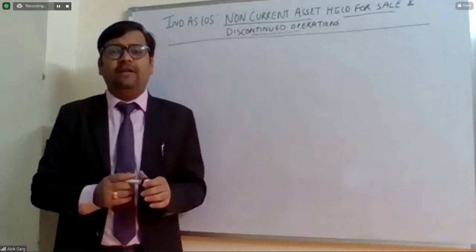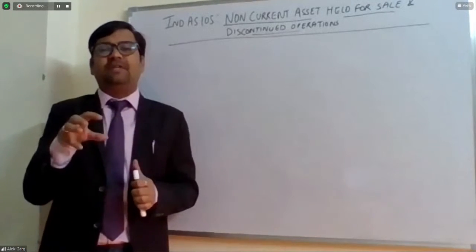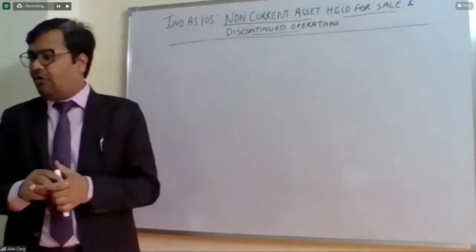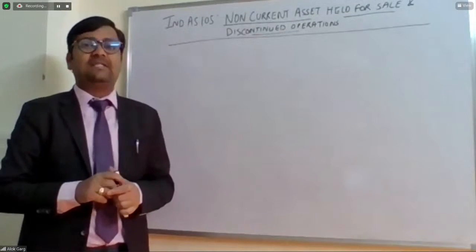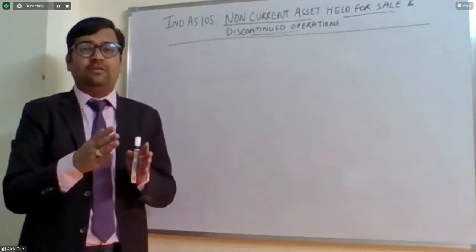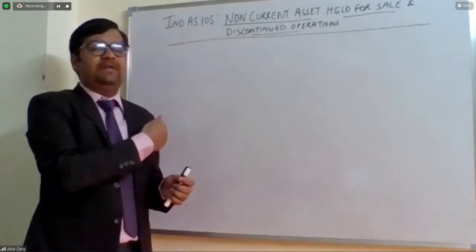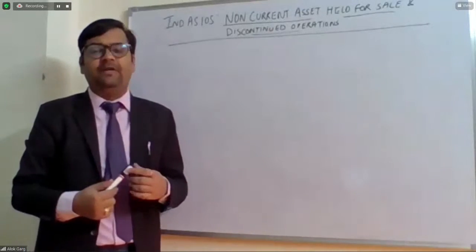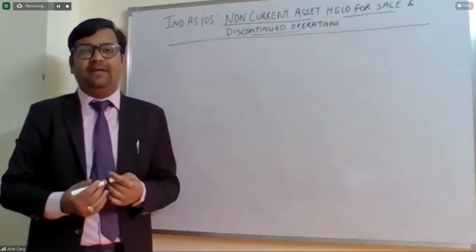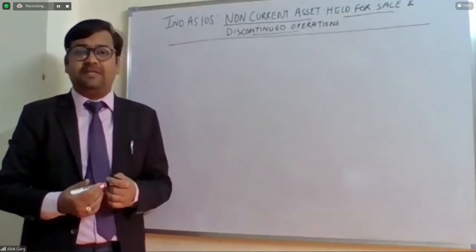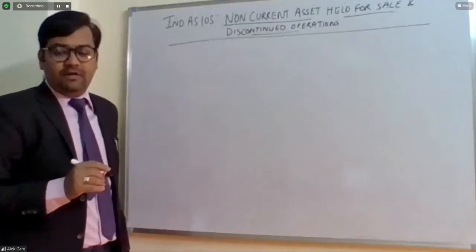For example, when you are understanding this asset-based standard, take all the asset-based standards together. That is why the Institute has conducted the series of standards in continuation. Like I have taken all the asset-based standards in the past and in the current period also. So in IND AS 105, we will touch upon some concepts of IND AS 16, IND AS 38, and IND AS 36 also.